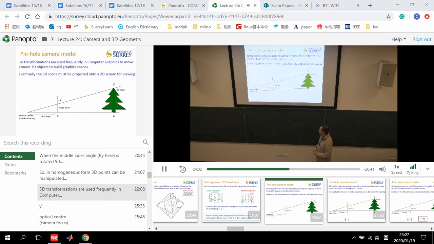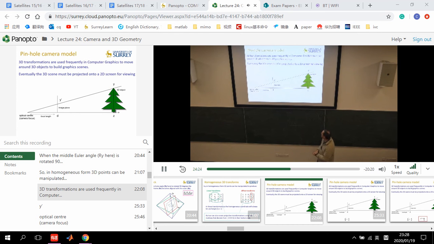So the tree is d units, say meters, away, y meters tall. And the image of that tree, the top of that tree, is going to be y prime meters high. It's going to appear y prime meters high on the window, on the imaging plane.